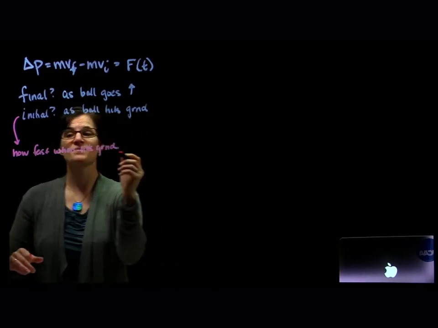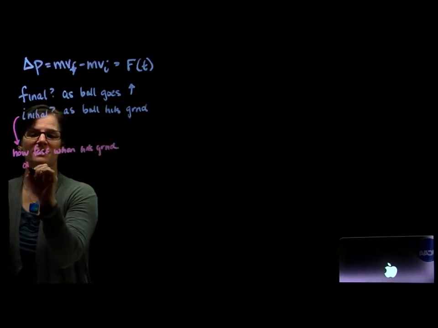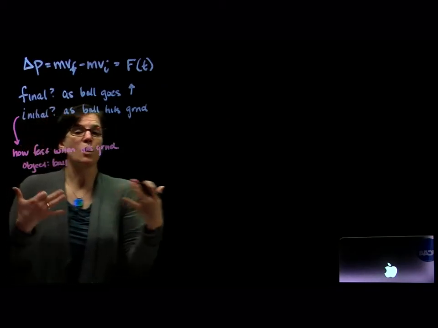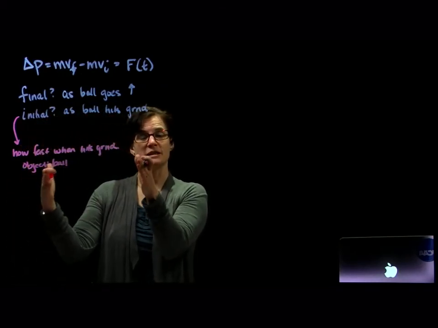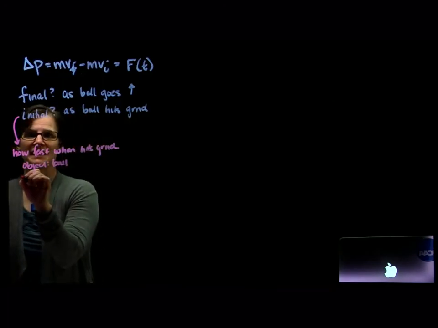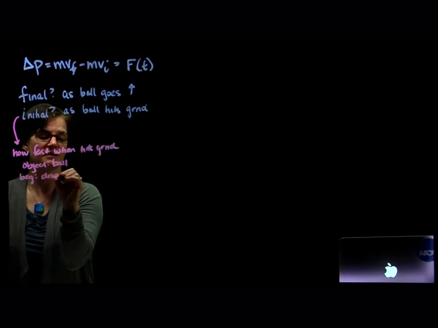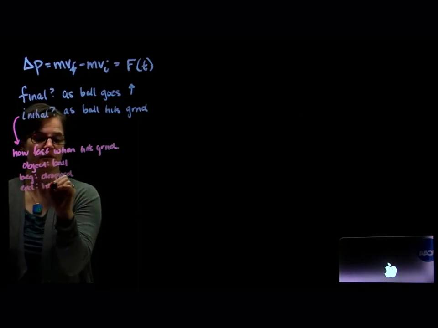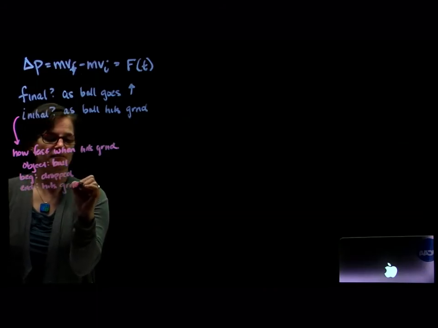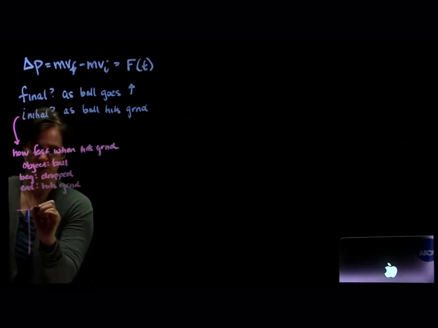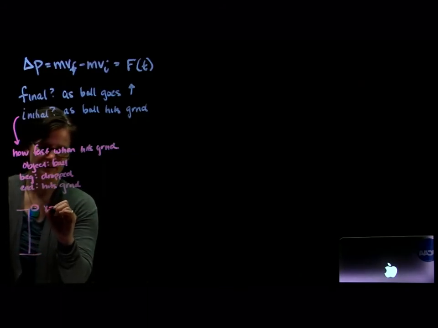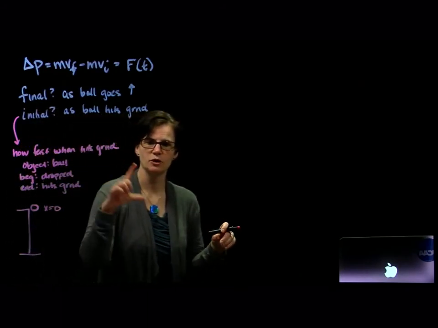Well, my object, as we know, is the ball. My motion for this portion, I am interested in the beginning of that moment is when it's dropped. The end of that moment is when it hits the ground. So if I draw a picture, here's my ball, and if I set this x equal to 0, this is my origin, I'm going to drop the ball.